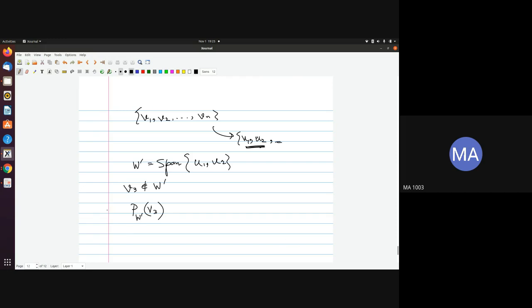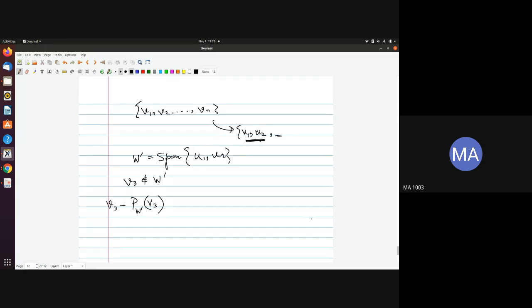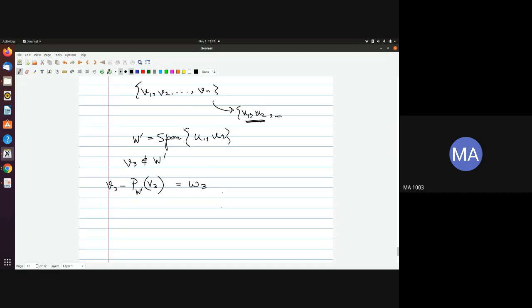If I take V3 minus the projection of V3, we call this the new vector W3, right? And what was the projection of V3? It was <V3, U1> U1 plus <V3, U2> U2. This was the projection, correct?